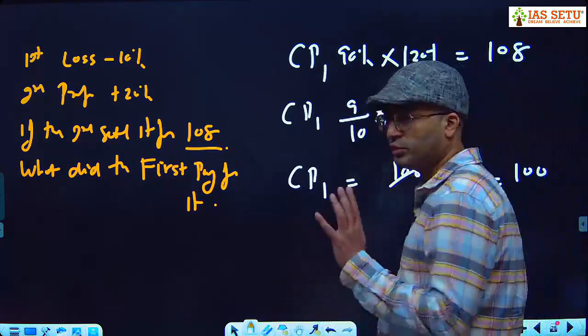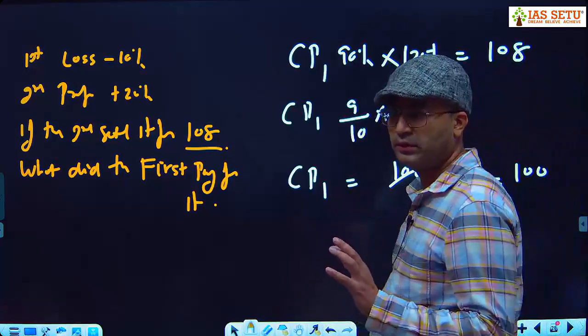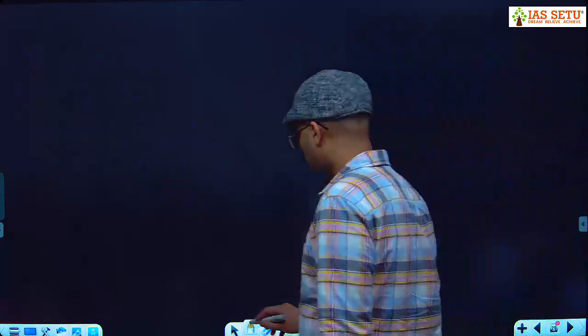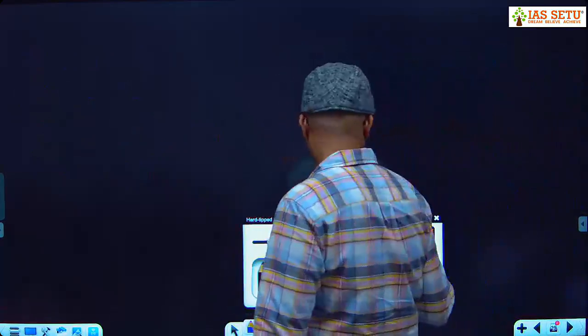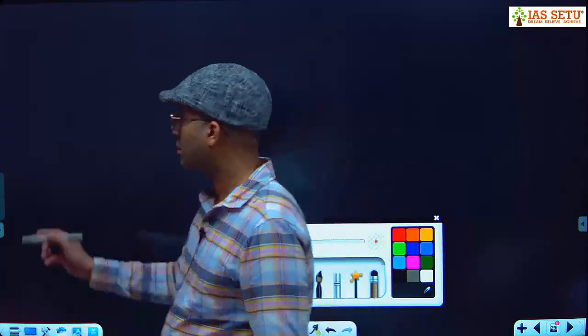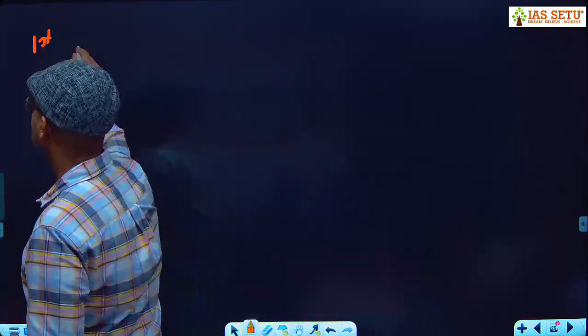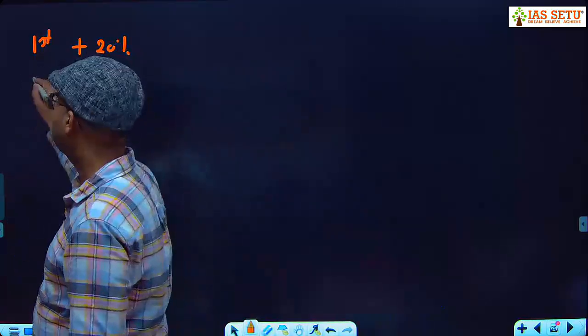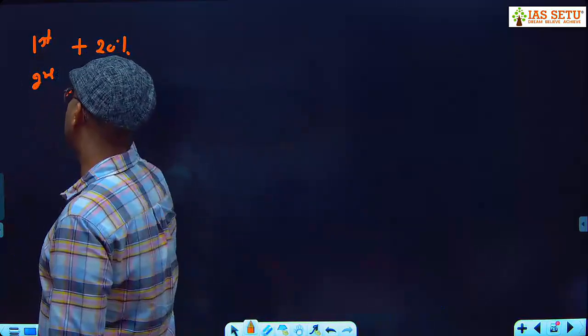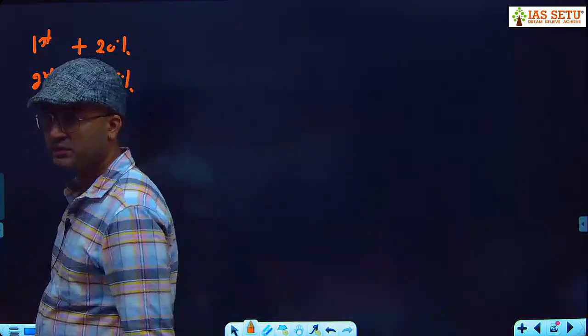Let me ask you one more question. ठीक है, this marker passes through 3 hands. First one makes a profit of 20%. Second one makes a profit of 25%.